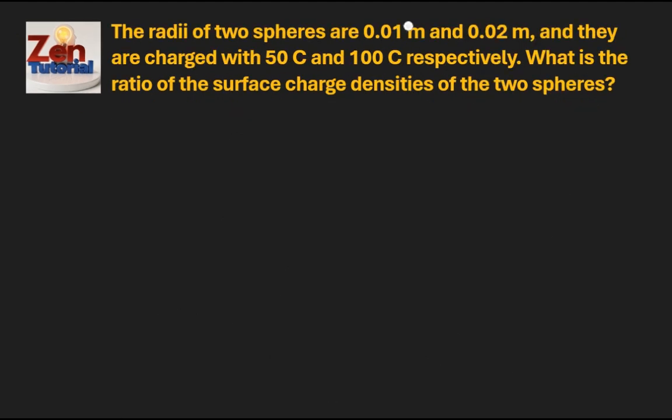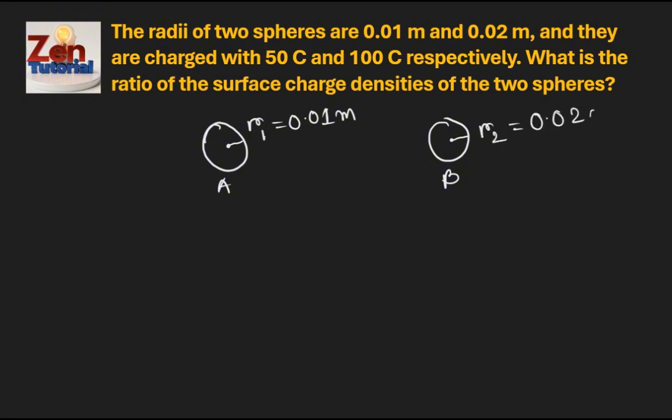In this problem, the radii of two spheres, so this is one sphere, another one is here. So sphere A and sphere B, the radius, let's say R1 is equal to 0.01 meter, and here another sphere, so this is R2 equal to 0.02 meter, and they are charged with 50 Coulomb and 100 Coulomb.